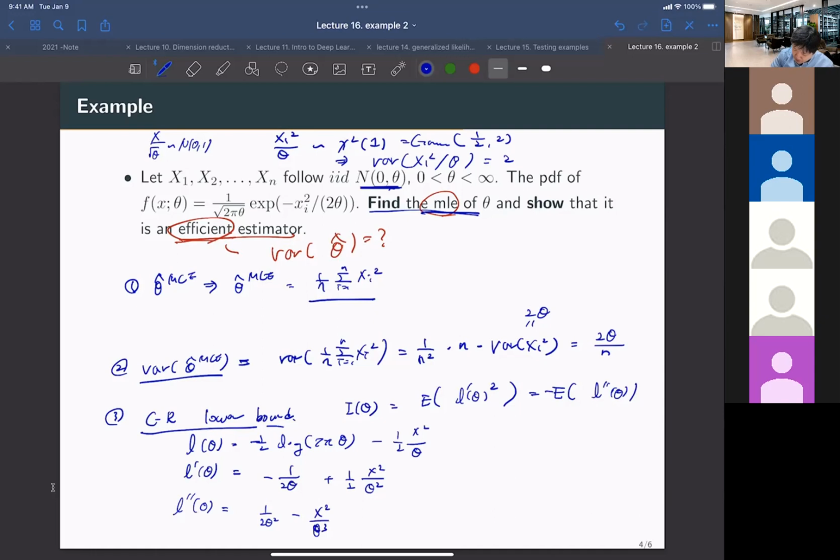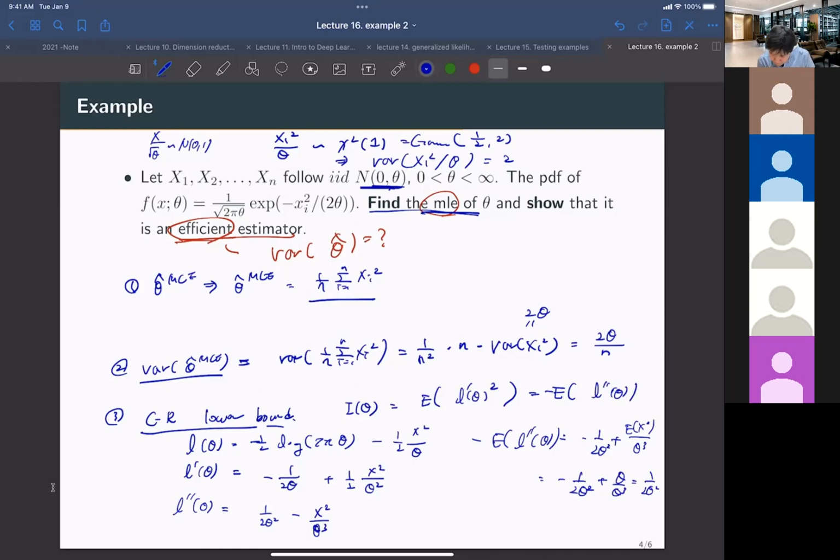And the expected value of L double prime theta is 1 over 2 theta squared minus the expected value of x squared over theta to the 3. The expected value of x squared is theta, so this is 1 over 2 theta squared minus theta over theta to the 3, so this is minus 1 over 2 theta squared.